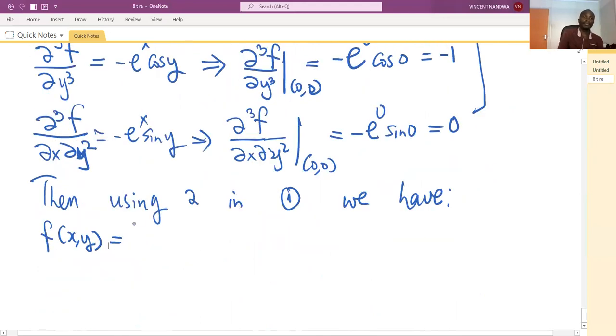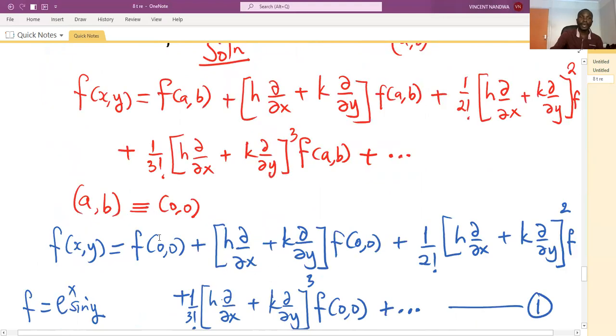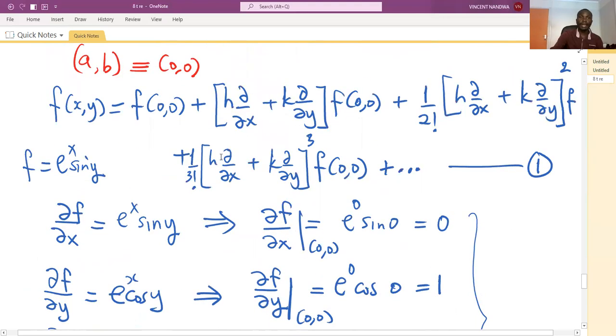Remember, the formula is f at 0, 0. So f at 0, 0, we have the answer as, so the function f of x comma y is e raised to power x sine y. So it tells us that f at 0, 0 will be e raised to power 0 sine of 0, which is 0. So this part will be 0.